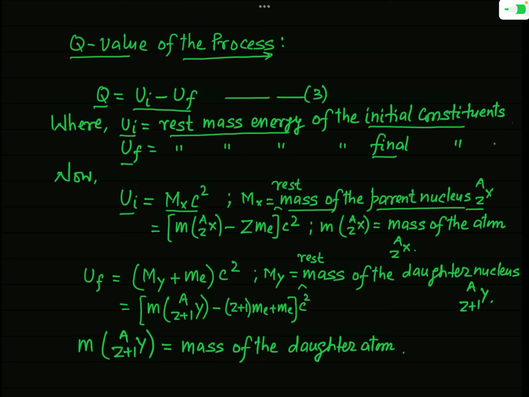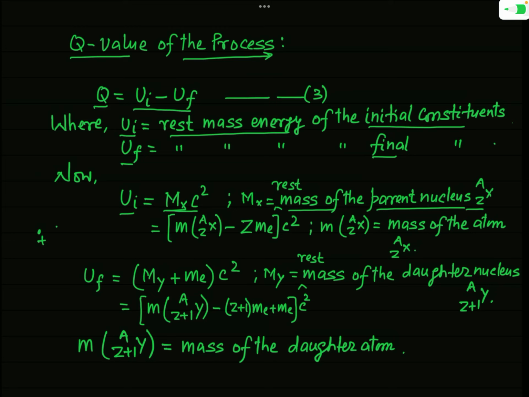But if you want to express this mass of the parent nucleus in terms of the mass of the atom to which this nucleus belongs, you can write it like this. You know, an atom is actually composed of two parts. The first one is your nucleus and the other part is the circulating electrons. So nucleus plus electrons form an atom.